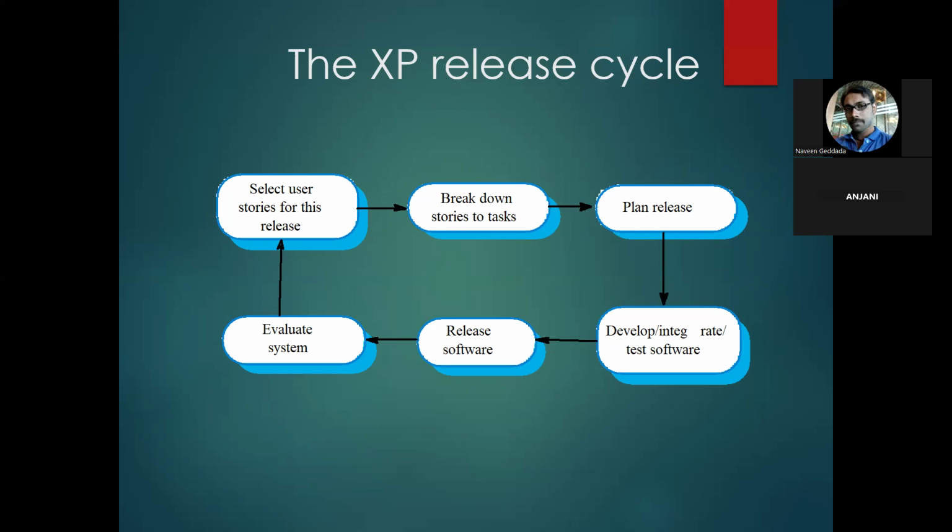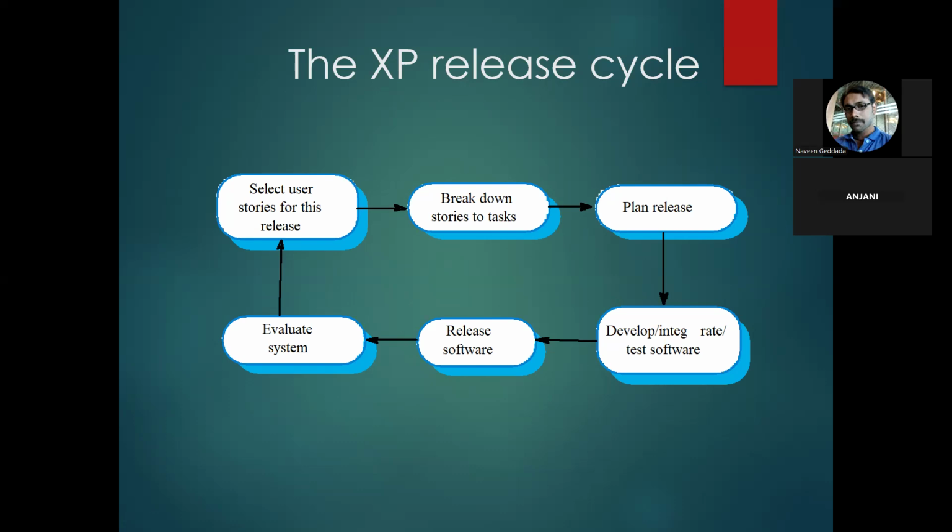They will develop and test the software or the user stories, and they will release the user story. And once the user stories are released in the particular sprint, they will evaluate the sprint. Evaluate in the sense of whatever user stories you have released in the current sprint. When you give the sprint demo, once the sprint demo is done, you will get the feedback on the user stories that have been developed.